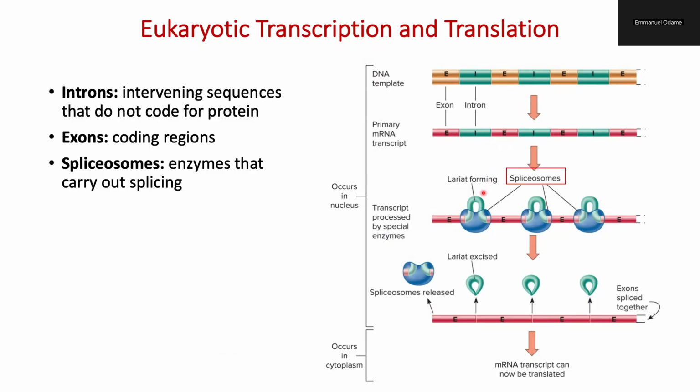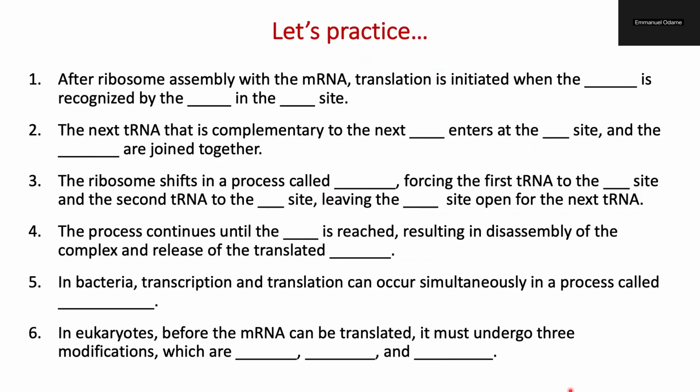Spliceosomes are enzymes that come in and cleave off the introns so that at the end, you'll have a nice arrangement of exons, which are the coding regions of the whole transcribed DNA. And then the spliced mRNA is now sent out of the nucleus for protein translation to happen. So that is a clear difference of what happens in the bacterial cell and eukaryote.